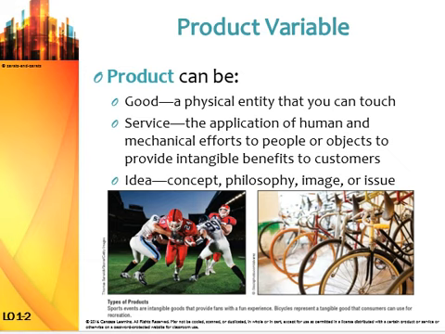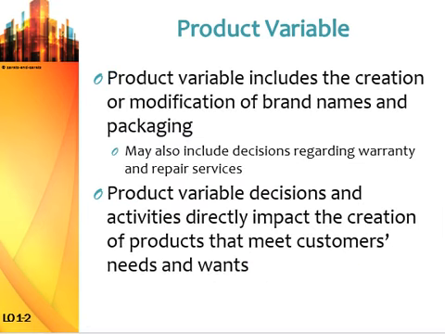So here in the pictures, you see the contrast between an intangible product, which is a sports show, and a tangible product as a bicycle. So we not only change the physical shape of the product, but also branding, warranty, repair services, and delivery services could be also part of product decisions.